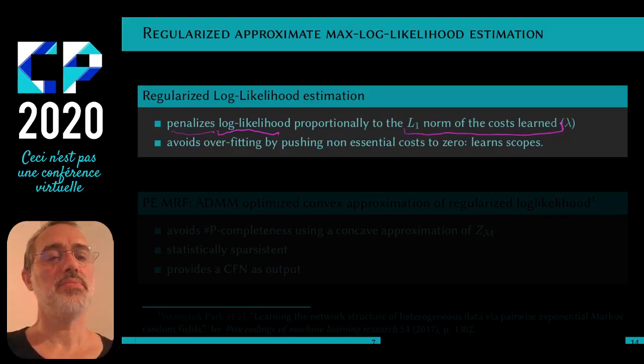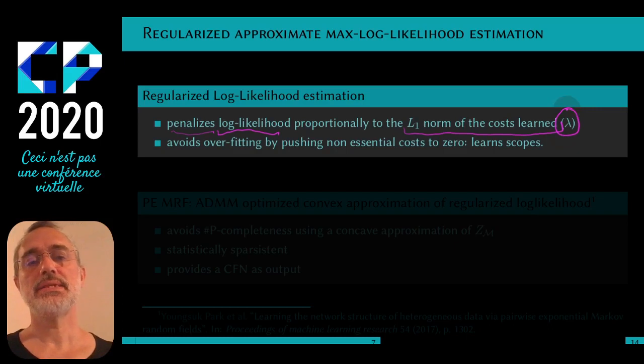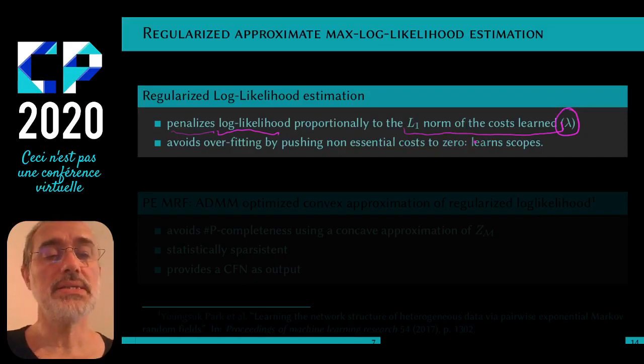And the proportionality constant which is used to penalize is called lambda, and it needs to be tuned. And this kind of approach is known to avoid overfitting by essentially pushing non-essential costs to zero. So in several cases, you will see that you learn functions which have zero everywhere in their cost table. And as I said before, you can ignore those functions.